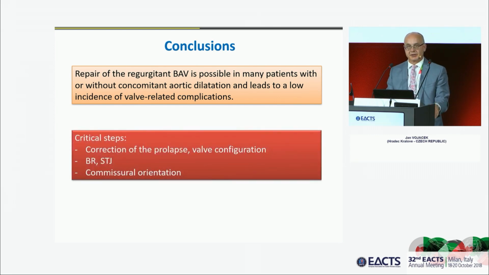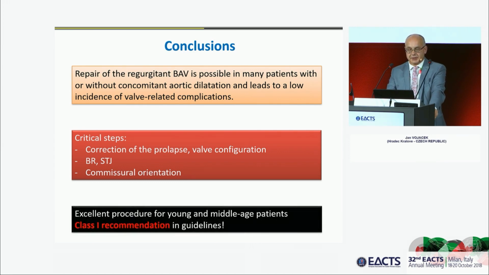There are a few critical steps which must be addressed in order to achieve a good result, like correction of the prolapse and normalization of the geometry of the aortic root at different levels, and also you have to address the commissural orientations. Once you do it, this is an excellent procedure for young and middle-aged patients, and there is a strong recommendation for this procedure in current European guidelines. Thank you for your attention.